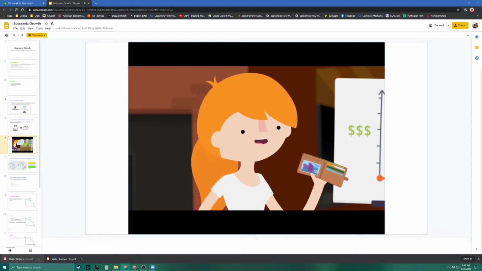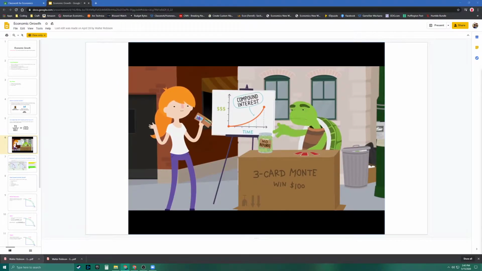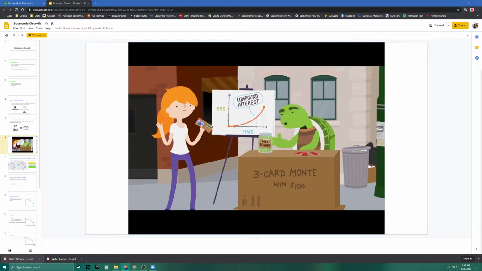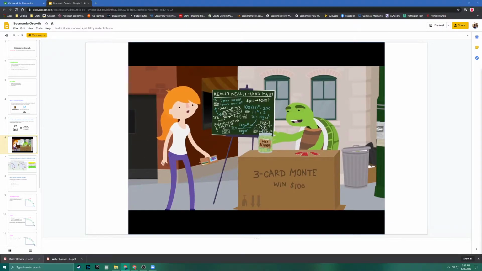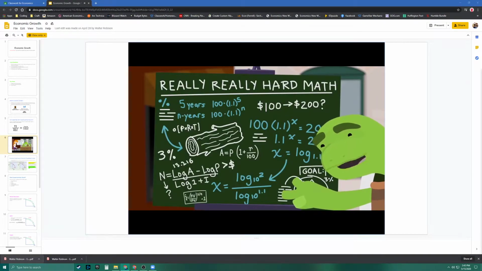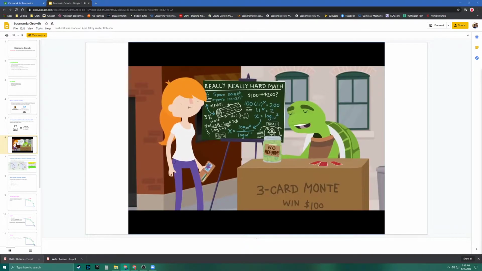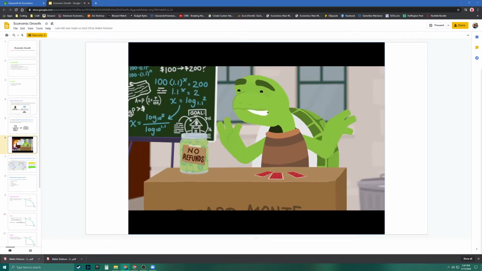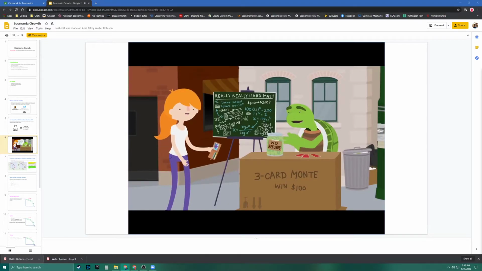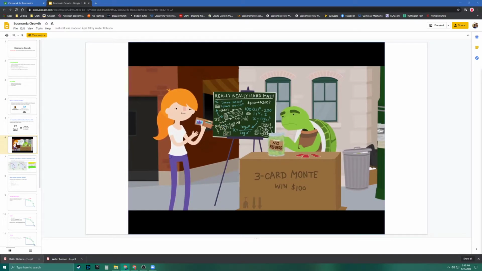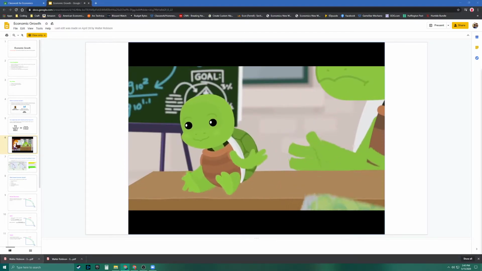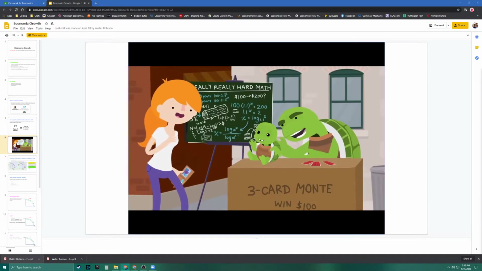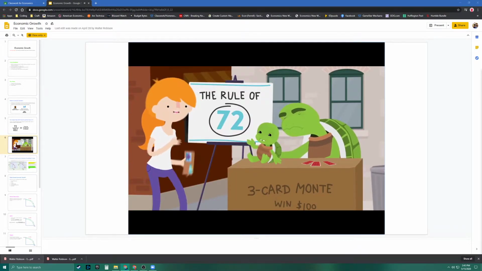Well, can you figure it out? The only way, and I mean the only way, to figure it out is to use this very complex, crazy math. You gotta use your x's and your logs and your bases. There's literally, and I can't stress this enough, literally no other way to calculate this or even estimate it. Oh. I can do it, Oh? but you'll have to shell out $20. Oh, okay, I guess. What about the rule of 72? What? The rule of 72! Junior. What's your interest rate again, Purple Pants? 3%?